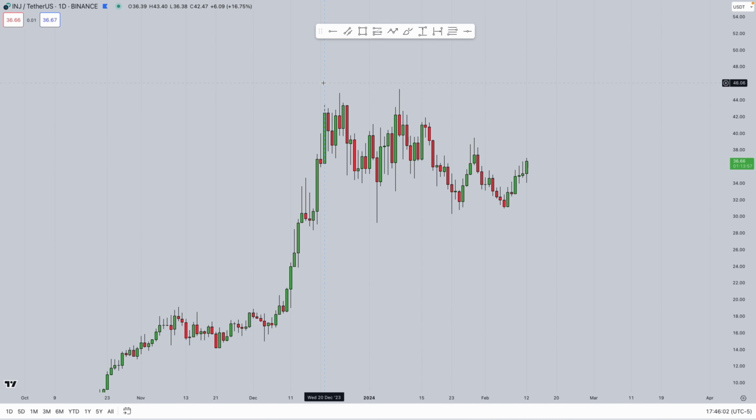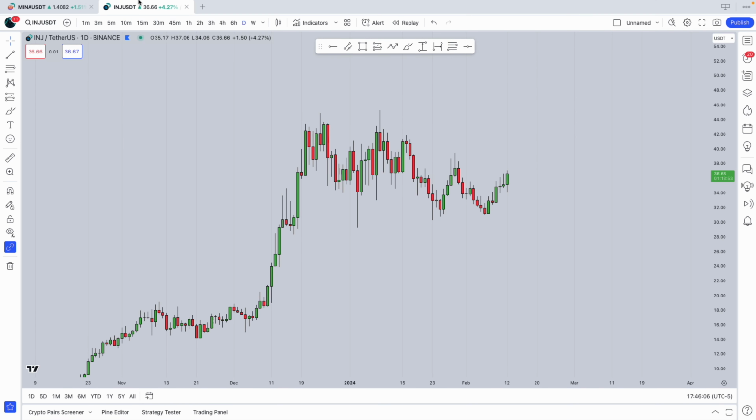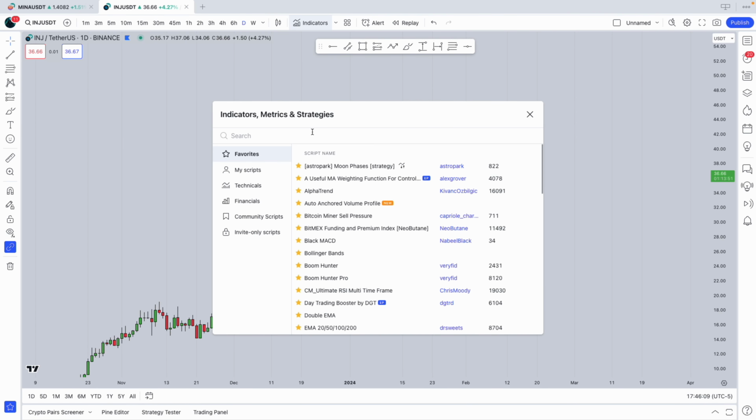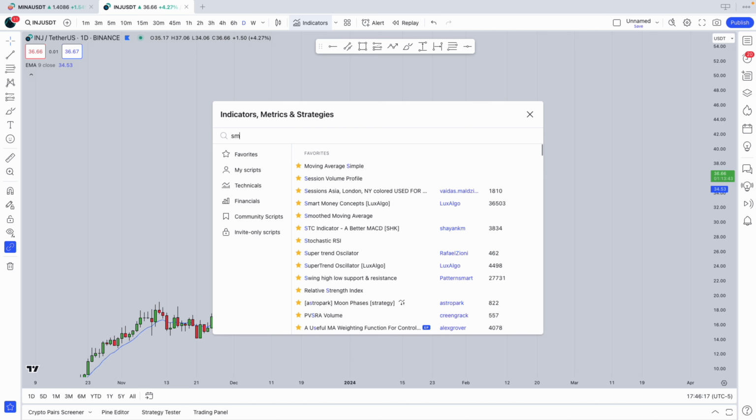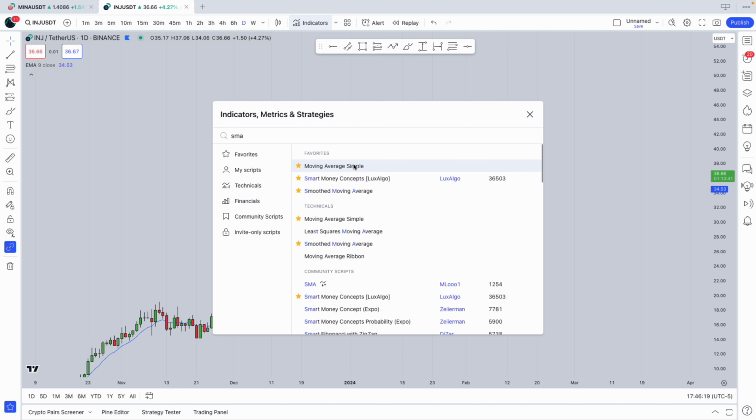So 2 indicators you need to start off with is, if you go into indicators, you need the exponential moving average, so EMA, moving average exponential is what it'll show up as, and then the SMA, moving average simple.